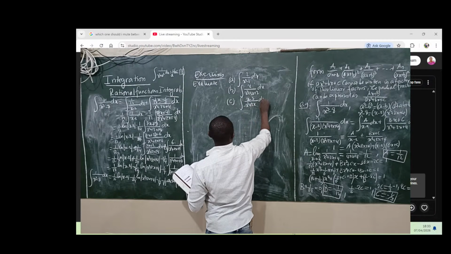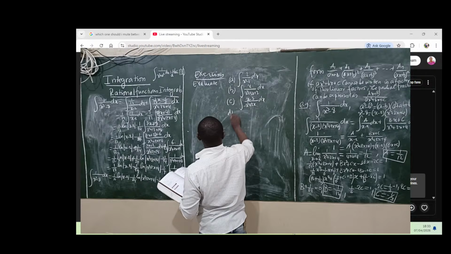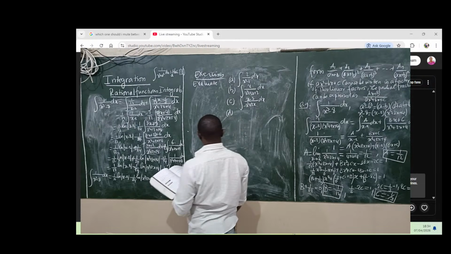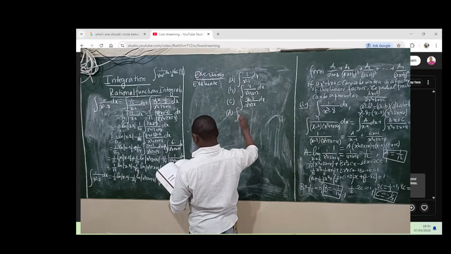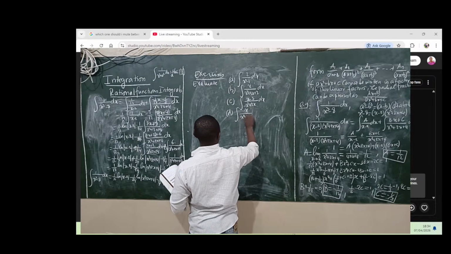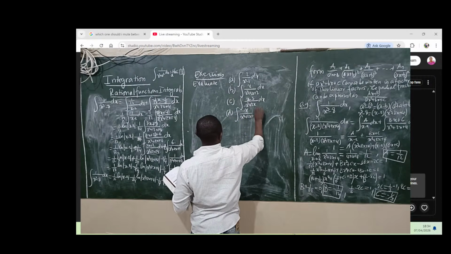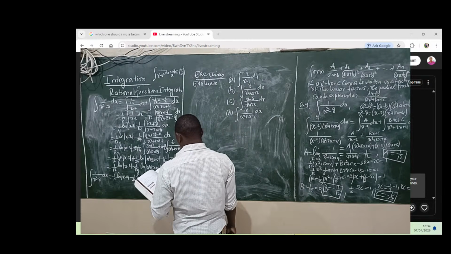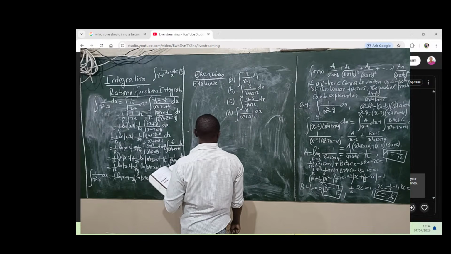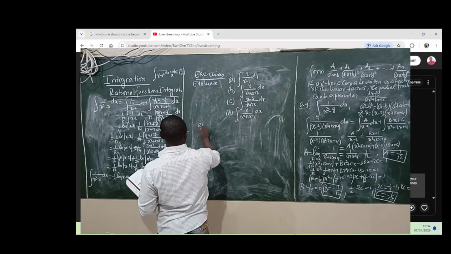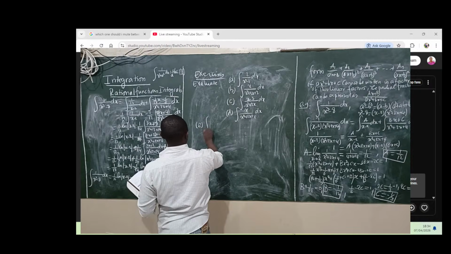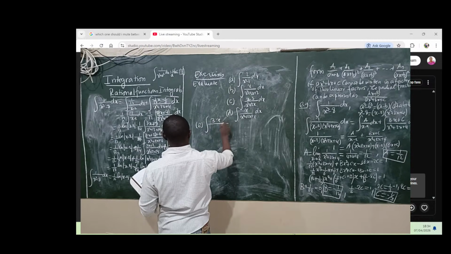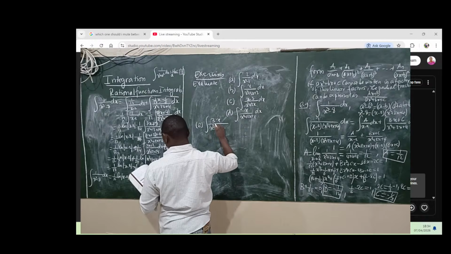D. The integral of x by x squared plus 2x plus 1 dx. The next one, E. The integral of 3x by x squared minus 4x plus 4 dx.